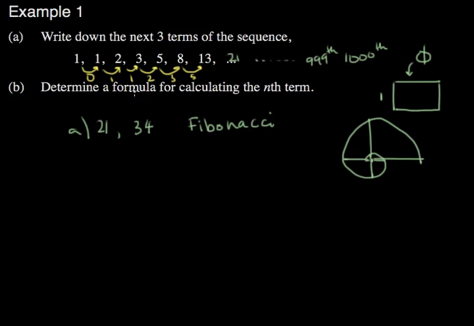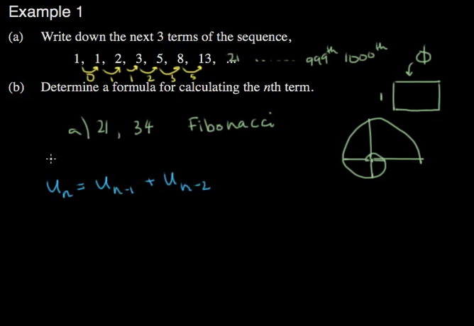But now to find a formula for calculating this nth term, if I wanted to work out what these terms would be, I need to find a formula to do that. And instead of the conventional way that we've been doing before, we look at the u formula instead. So the nth term would be the term before it, which is u n minus 1, and then you add the term before that, which is u n minus 2.